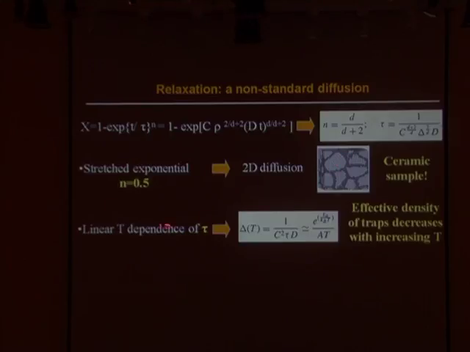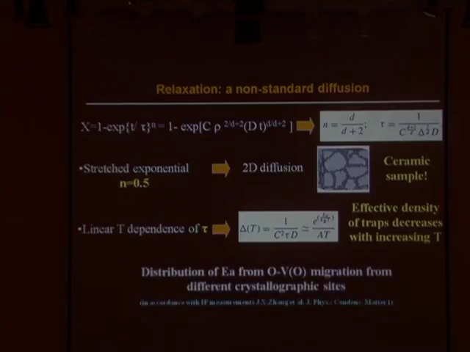And if you look at the linear dependence of the characteristic time, what you can say is that the density of effective traps is decreasing with temperature. We think this is also reasonable because there were internal friction measurements on the oxygen diffusion that show that there is some distribution of the activation energy.